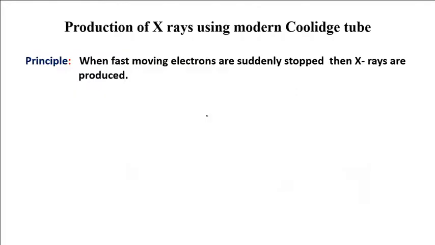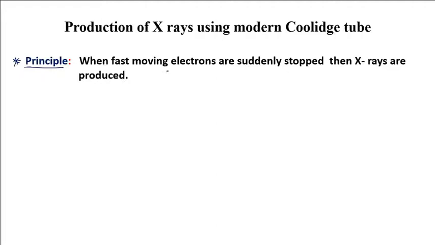So the next one is production of X-rays using modern Coolidge tube. First we have to understand the principle of production of X-rays. So what is the principle?